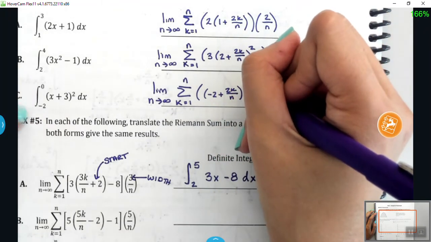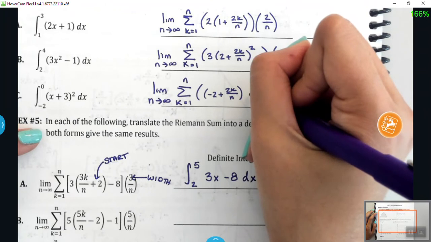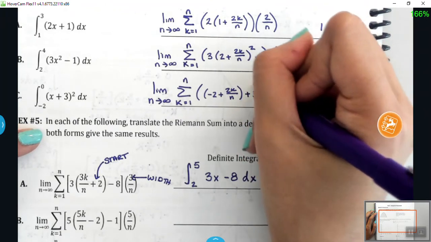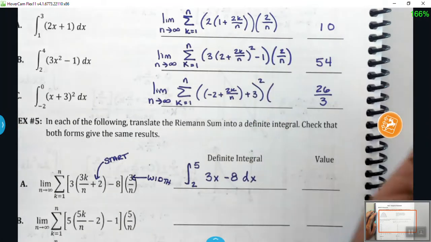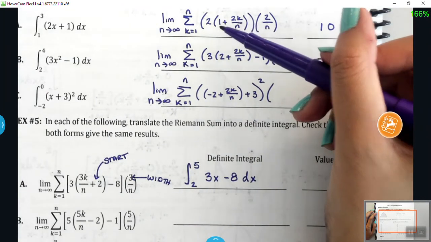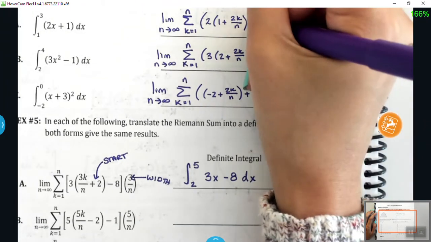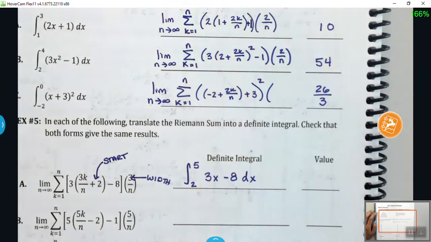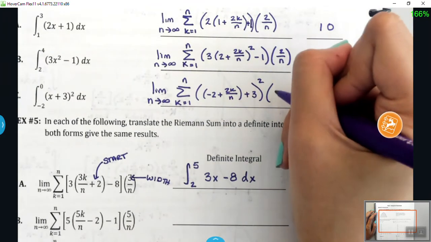For the 2 times 1 plus 2k, would you have to add a 1 also? Which one, the first one? Where you're plugging it in? Oh, plus 1 on the end. Thanks, Gwen. Good catch.